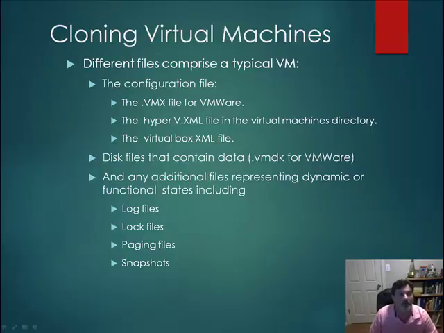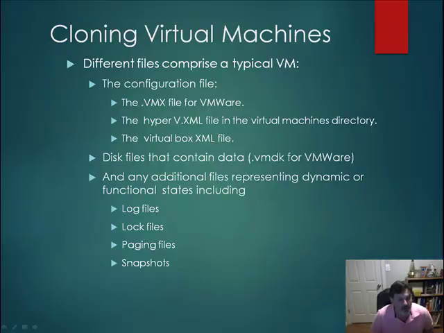Disk files, of course, or data files, are going to be associated with VMs as well. If you're using VMware, those are .vmdk files typically. You can have one file or multiple files. And once again, in Hyper-V, that's a more complex question, as data can be stored a number of different ways. There are also additional files that represent a dynamic or functional state of any typical VM, such as the log files or lock files.